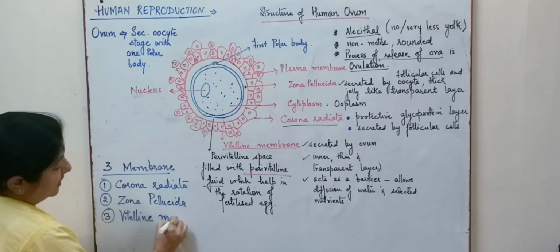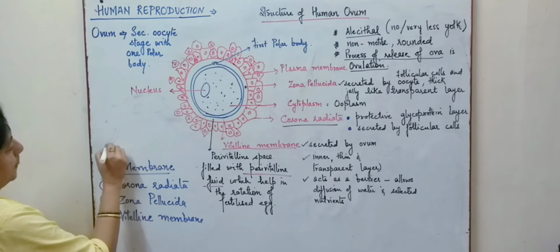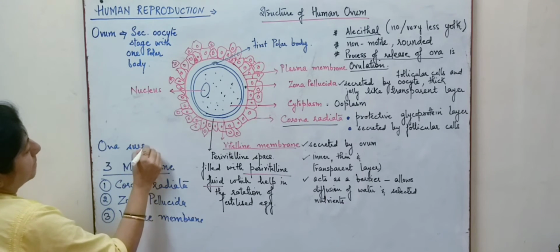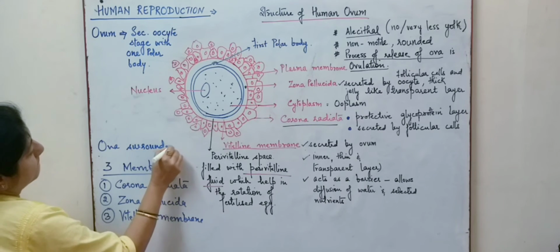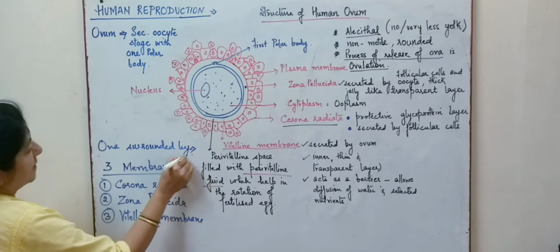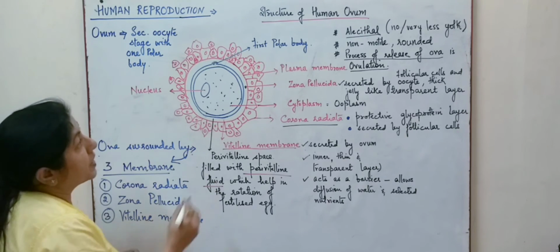So these three layers are present around the ovum.